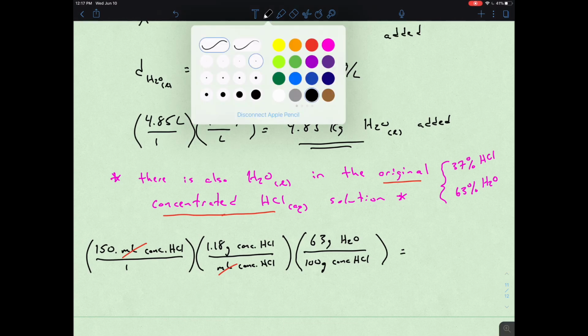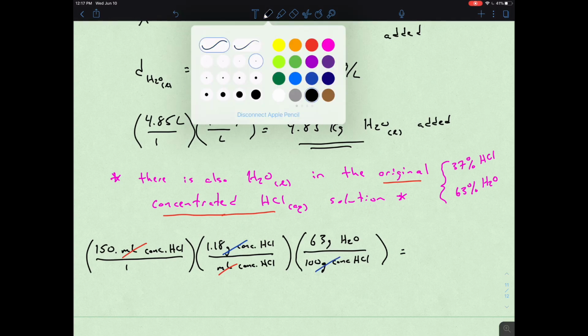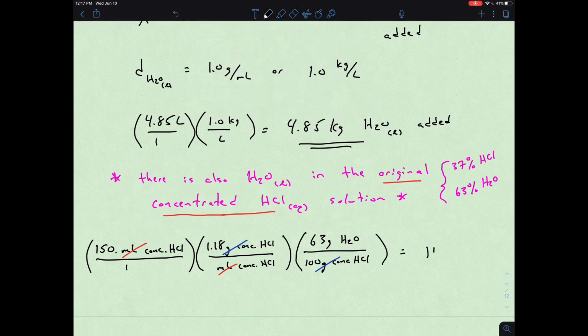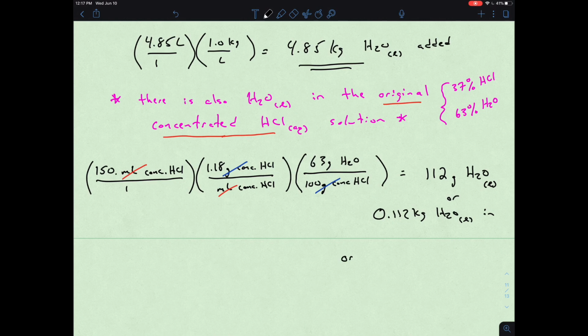And once those cancel out, we get from our mass of concentrated HCl into our pure water, and so we end up with 112 grams of H2O, or 0.112 kilograms H2O, in the original concentrated solution.